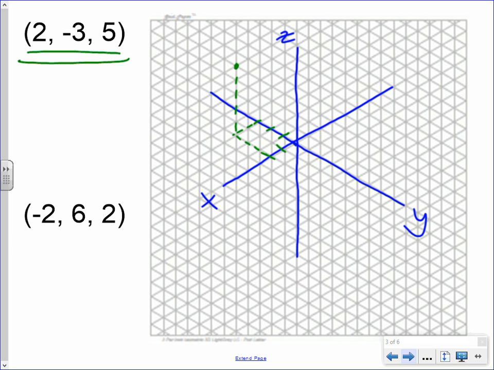It is fun. All right, next, negative 2, 6, 2. So we'll move negative 2 in the X direction, 6 in the positive Y direction. Make your trail of a parallelogram, and then we can move up 2.